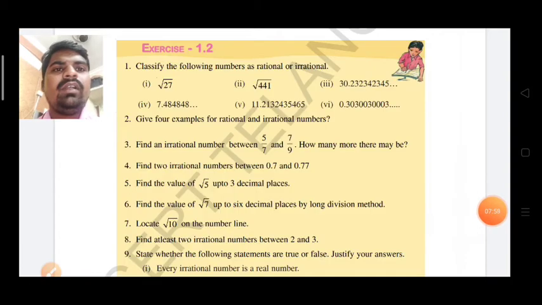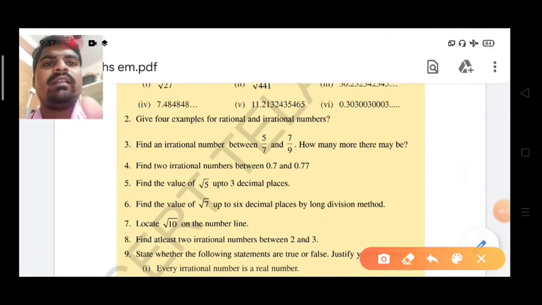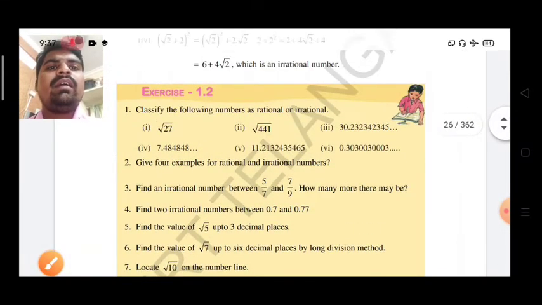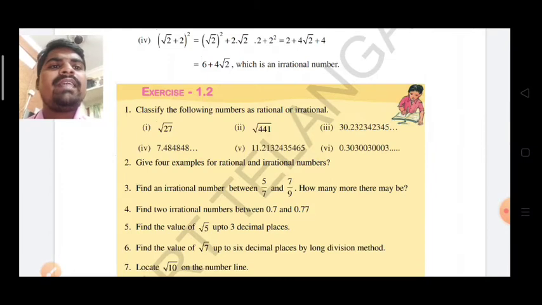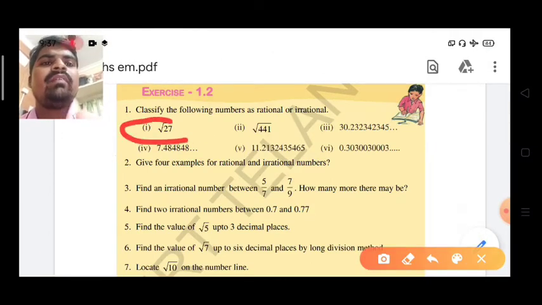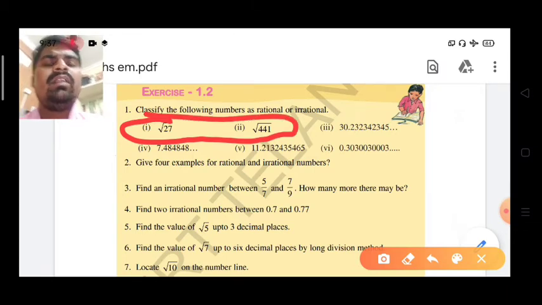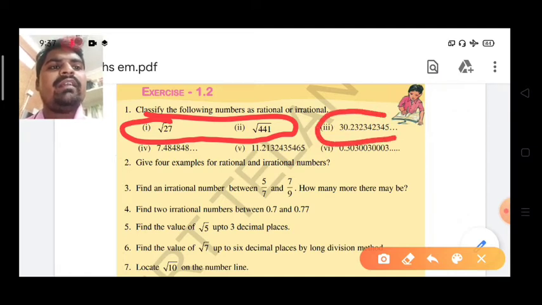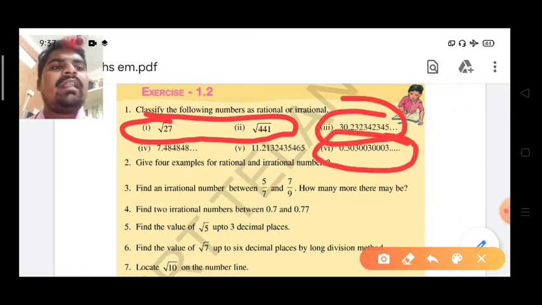Next, you observe exercise 1.2. What is the first bit here? Classify the numbers. Some numbers are given here; classify the following numbers as rational or irrational. Some root numbers are given: if it is a perfect square then it is rational, if it is not a perfect square it is irrational.